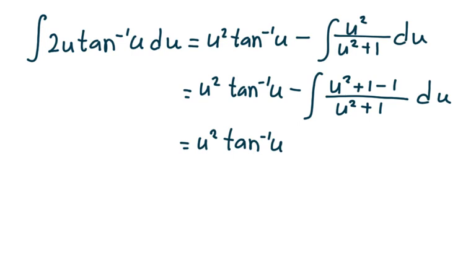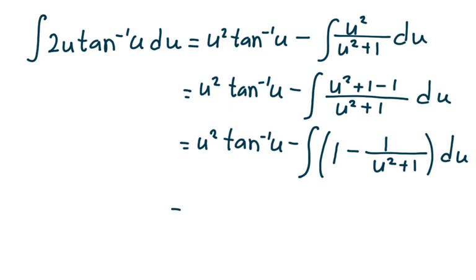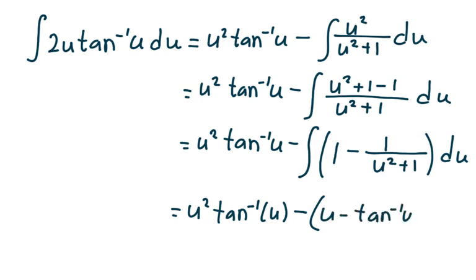And then I'm going to split off the fraction. If you guys remember, I get 1 minus 1 over u squared plus 1 du. And so this is u squared arctangent of u minus, in parentheses, I get u minus arctangent of u plus c.